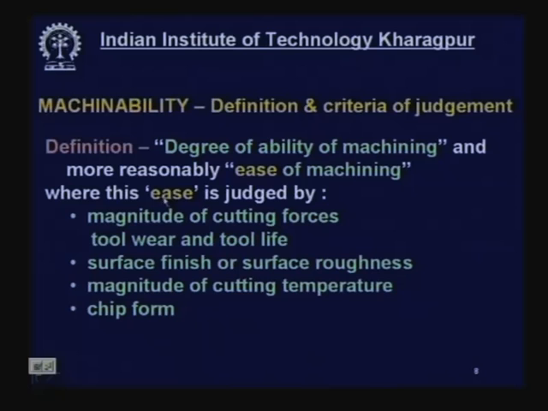Machinability means ease of machining, which is judged by magnitude of cutting forces, tool wear and tool life, surface finish or surface roughness, magnitude of cutting temperature, and chip form. Our attempt should always be to improve machinability, that is, less cutting force, less cutting temperature, longer tool life, good surface finish.